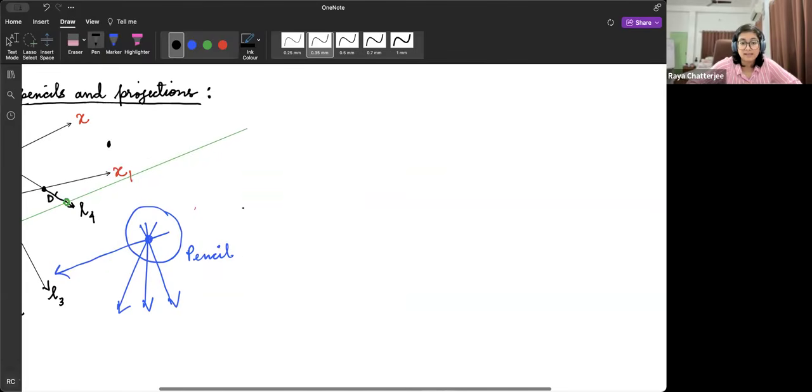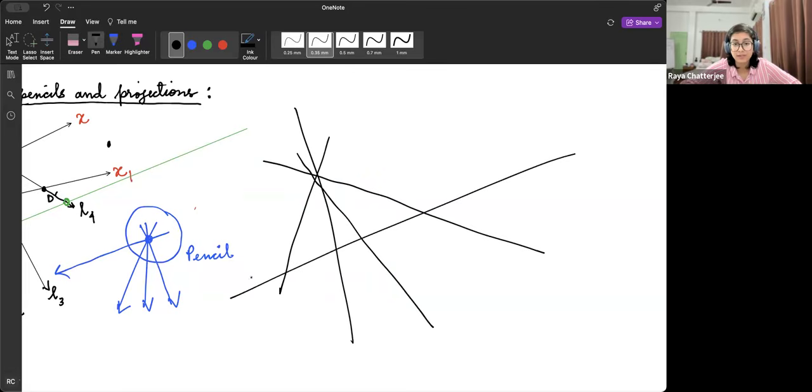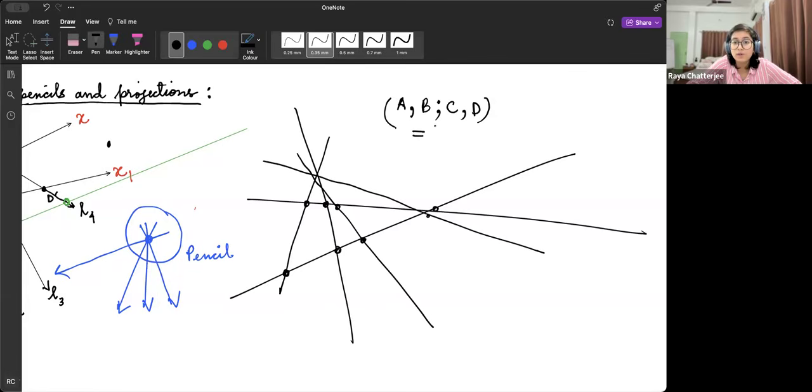If you have a pencil of lines 1, 2, 3, and 4, and you take a transversal through it, then the cross ratio of the 4 points where the transversal intersects the lines, let's say those 4 points are A, B, C, and D in that order, is going to be equal to the cross ratio if you take any other transversal and call these points A prime, B prime, C prime, D prime. So that is what perspectivity is.